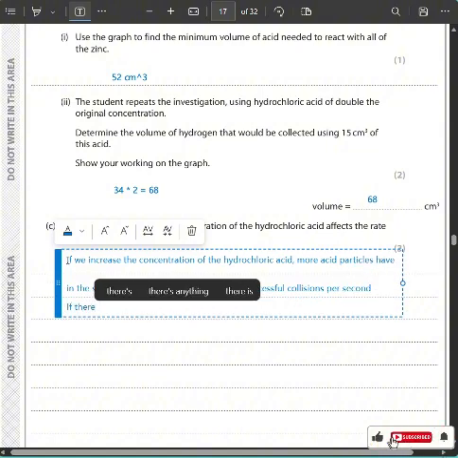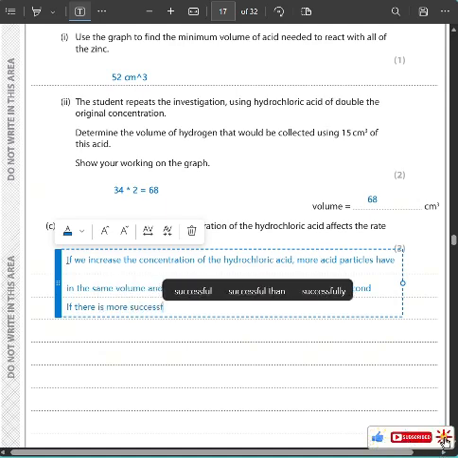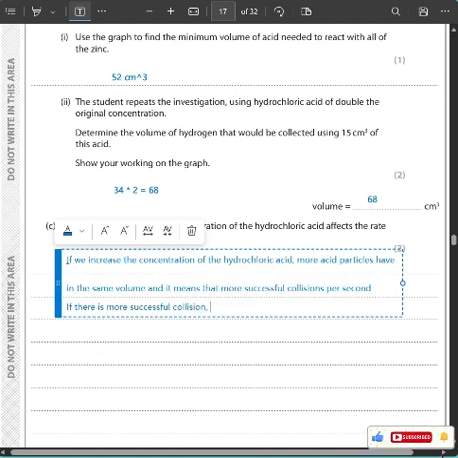If there are more successful collisions, the rate of reaction increases.